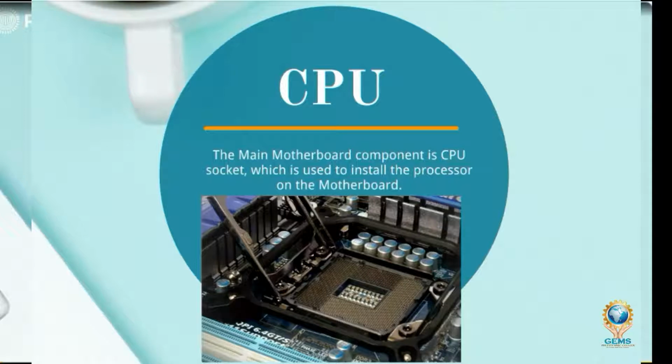There are different types of CPU sockets. Different CPU sockets have different pins because different processors have been upgraded with more pins. Time to time, the pins in a CPU chip have increased. We will see it all later.